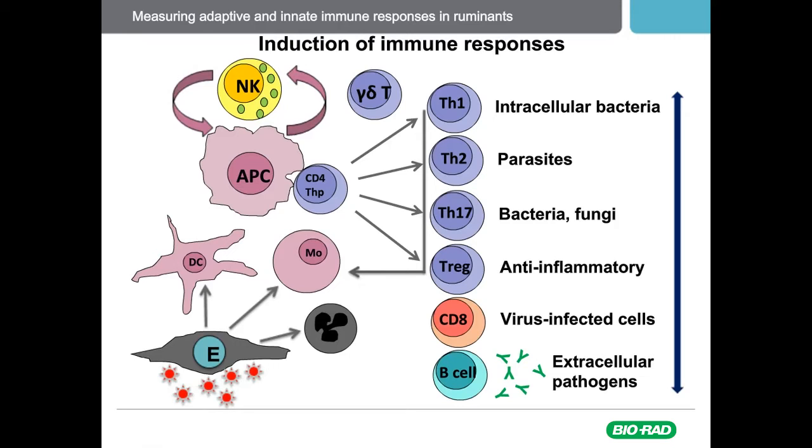So this is a very dynamic system and quite a complex system, and therefore it's important for us to be able to understand this if we're going to develop safe and effective vaccines.